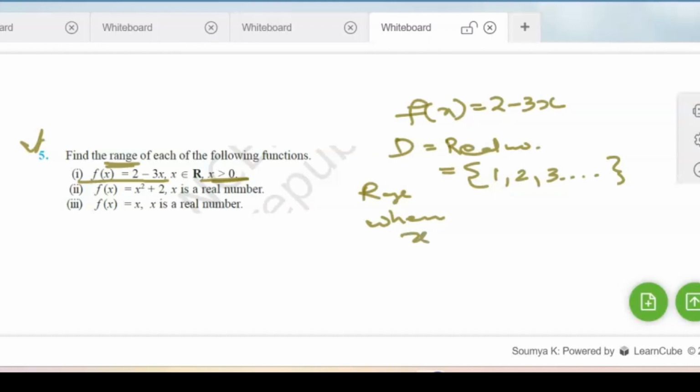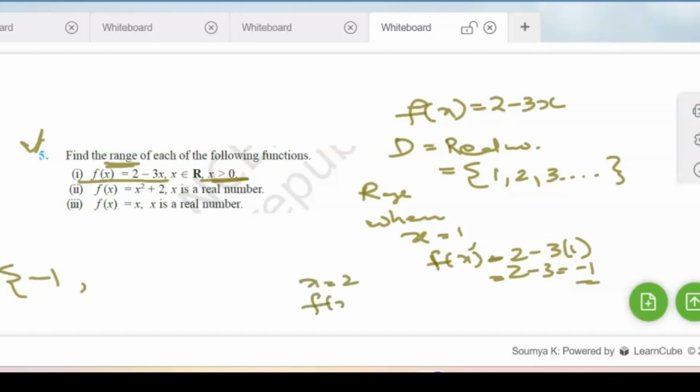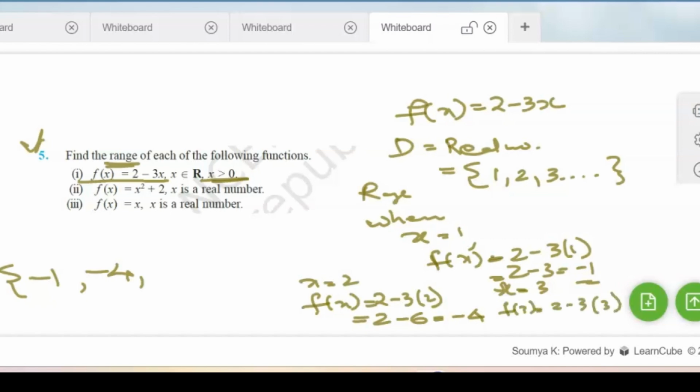And when you say x equal to 1, f of x equal to 2 minus 3 into 1. 2 minus 3 is equal to minus 1. So you get minus 1 as the first value. Then comes 2. f of x equal to 2 minus 3 into 2. It is equal to 2 minus 6, minus 4. Next is x is equal to 3. f of x equal to 2 minus 3 into 3. 2 minus 9, that is minus 7.